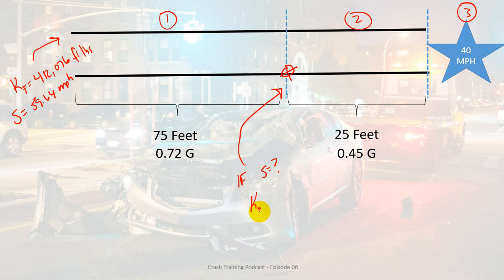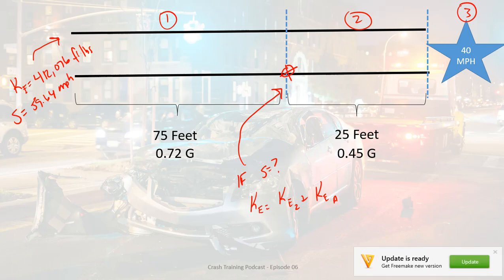You would just say that the kinetic energy was only equal to kinetic energy 2 plus your kinetic energy at airborne. And then you would just do that same equation to convert it to the speed, and you're going to get the answer for number 2. So in my opinion, I think this is a whole heck of a lot easier to do than those combined speed problems.